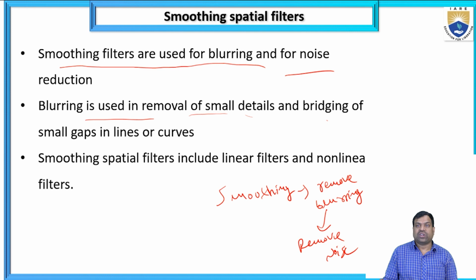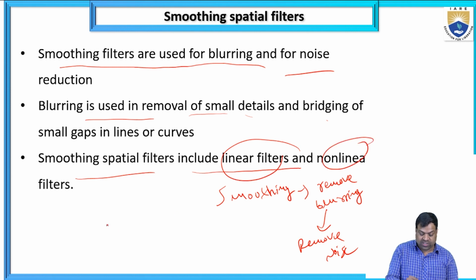Smoothing filters are used for blurring and for noise reduction. Blurring is used for removal of small details and bridging of small gaps. Smoothing spatial filters include linear filters and non-linear filters.